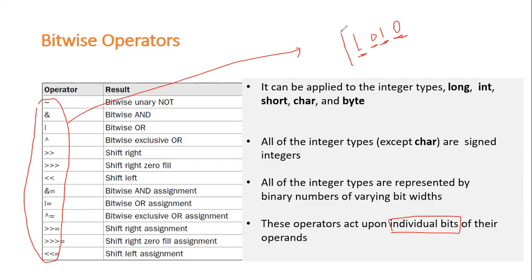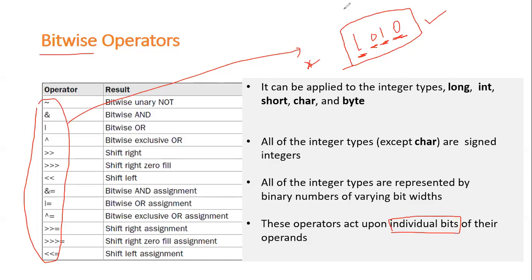The most important point is that I'm not performing the operation on all the bits together, but on the individual bits. Using these bitwise operators, we're going to perform operations on individual bits. Is it right, students? Fine.